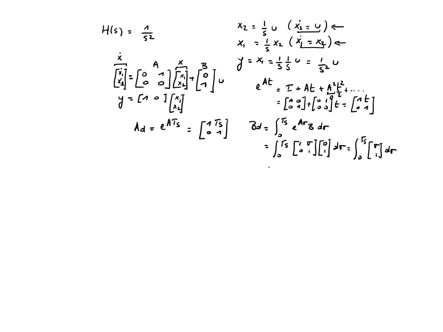So this is equal to [sigma squared over 2; sigma] evaluated from 0 to Ts. So we obtain [Ts squared over 2; Ts], right?